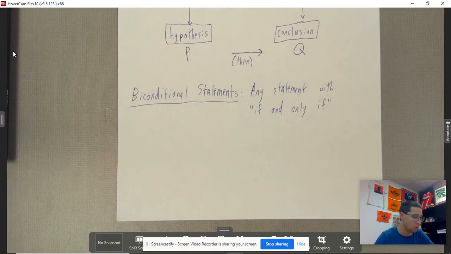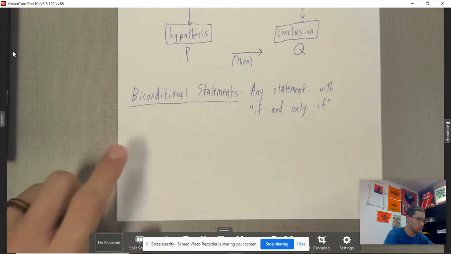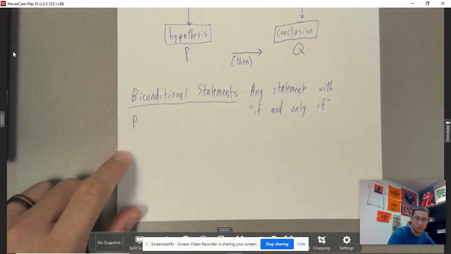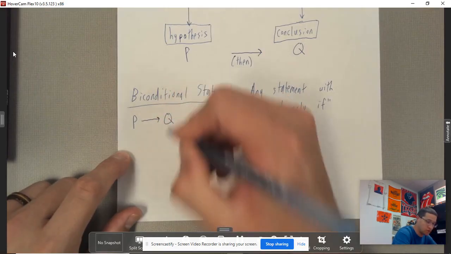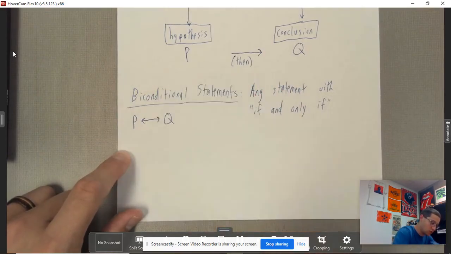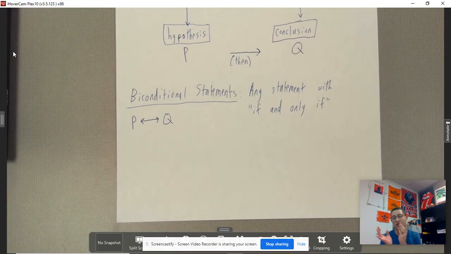Now, if and only if, to kind of go with the if P then Q notation, this would be as if you were to have an arrow not only this way, but also this way. So you're saying that both parts mean each other, essentially.